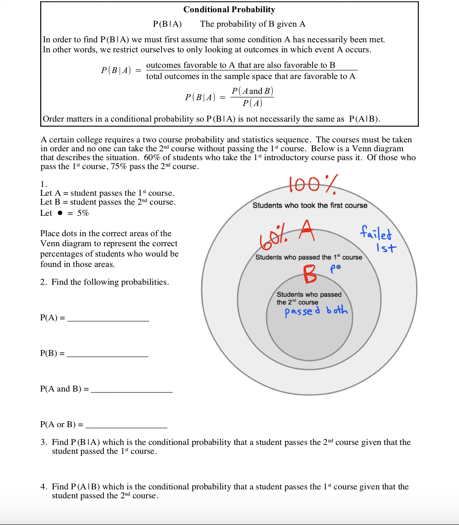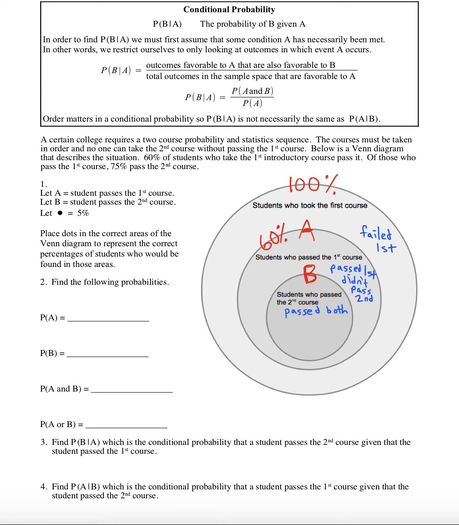Well, you passed the first, but failed the second. Maybe not failed, but for some reason didn't take or didn't pass the second. All right, so now I think we understand what the different areas represent.